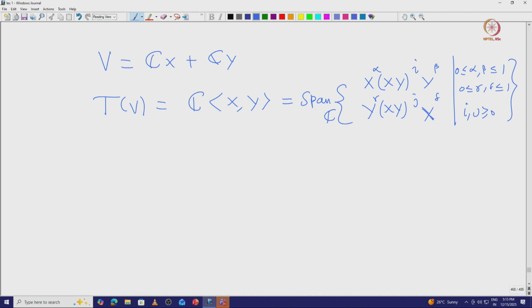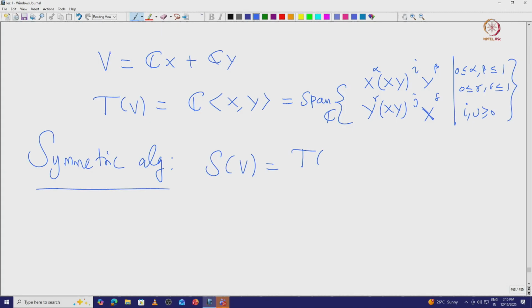So, if you are interested in the commutative version of this, that is what is called the symmetric algebra. The symmetric algebra is simply defined to be the quotient of this TV, where the symmetrization is given by taking the two sided ideal. So, you make all the variables commute, that is all you do.